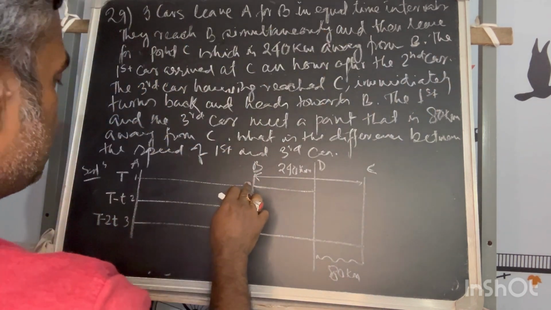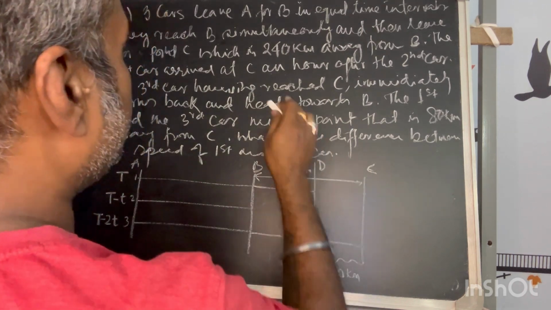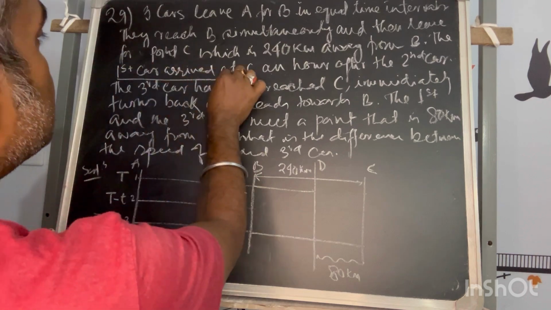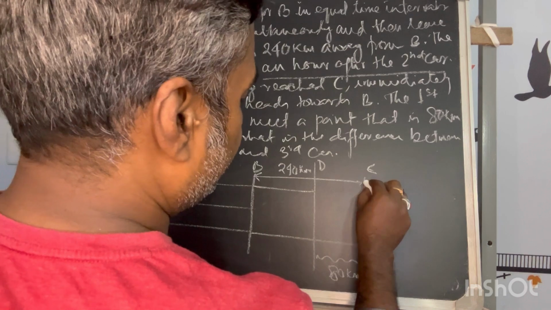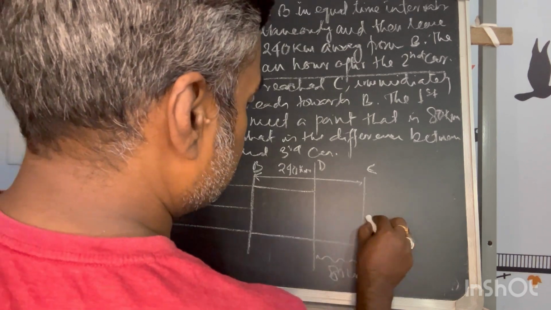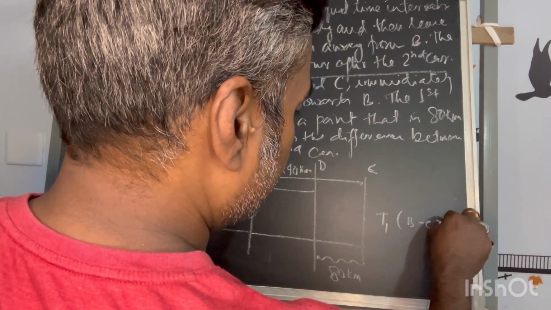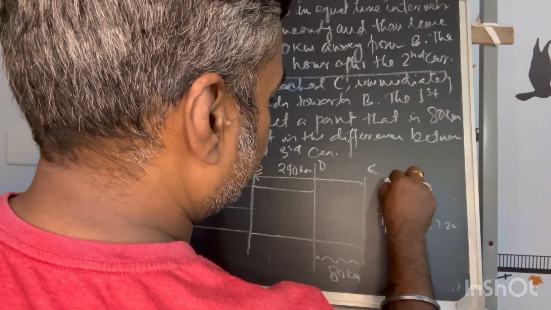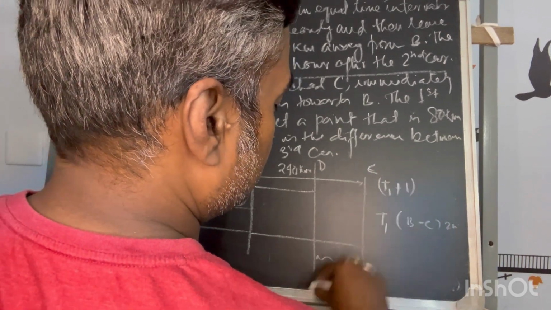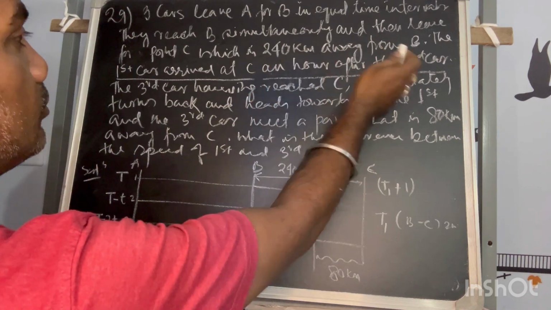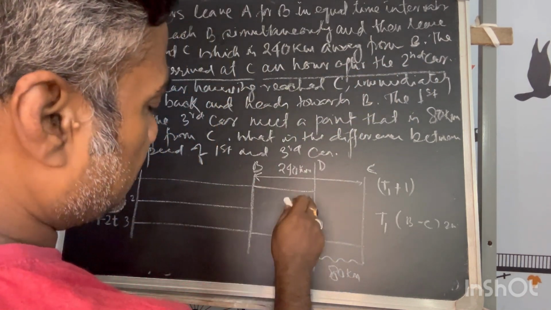Let's say the time taken by the second car for B to C is capital T1. Then the first car will take T1 plus 1 hour, because he is taking an hour more than the second car. This is the second condition, and the third condition is that they meet each other.